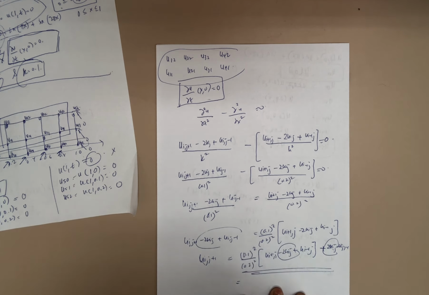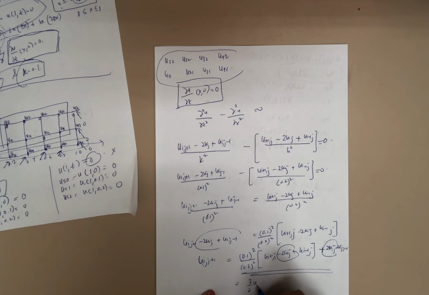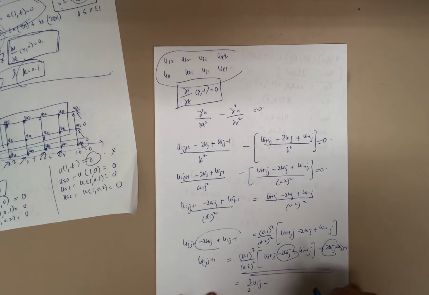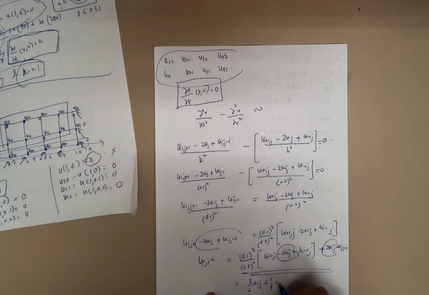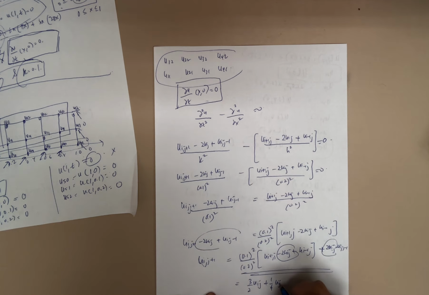So you need to open the bracket one by one and then rearrange it back. Lastly you should get this one: plus 1 over 4 u_{i+1,j}, and then 1 over 2 plus u_{i,j-1}.